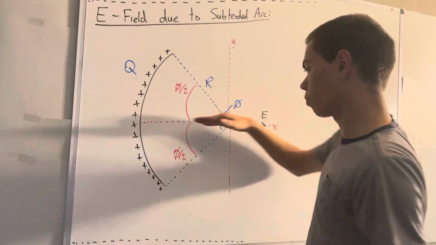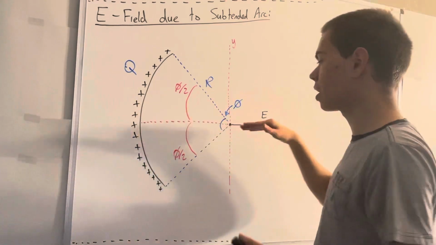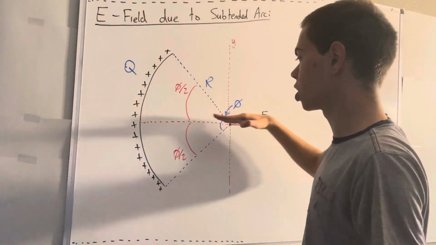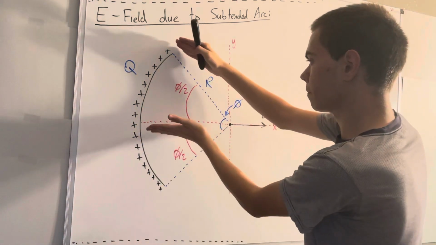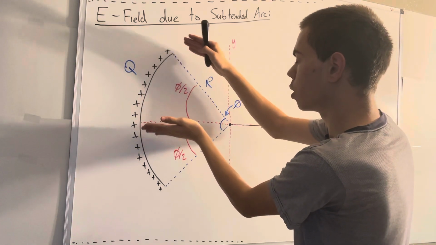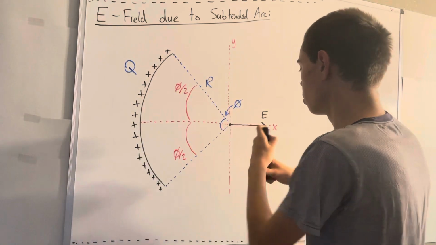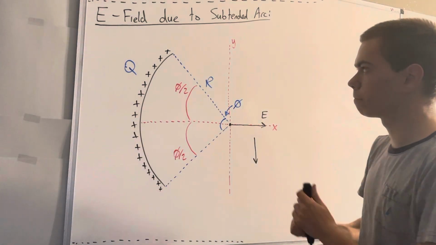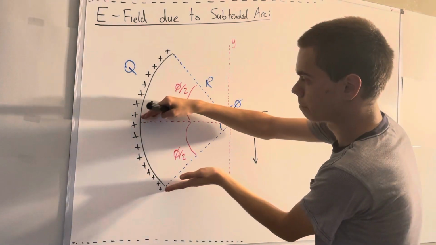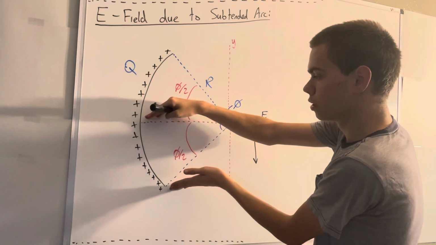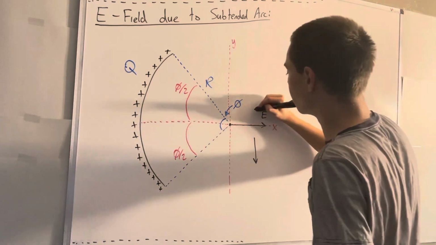We're not literally cutting our charge in half, but we can imagine the x-axis dividing our charge up. If we think about the charge above our x-axis, the vertical component of the electric field due to this charge would point downward. For the bottom half of our charge, below the x-axis, the vertical component of the electric field would point upward.